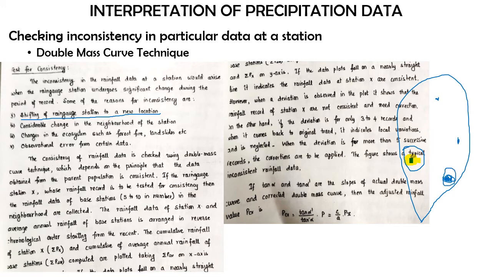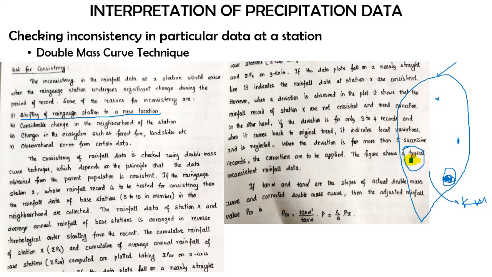Whenever I say shifting, it will be kilometers together. Don't be under the impression that within a compound I am going to shift it from one point to another. Whenever we speak of a catchment area, it can be hundreds of kilometers, because based on the density of the rain gauge network that we studied earlier, you have already seen one station for 390 square kilometers, 520 square kilometers. Such huge areas will have only one rain gauge station.